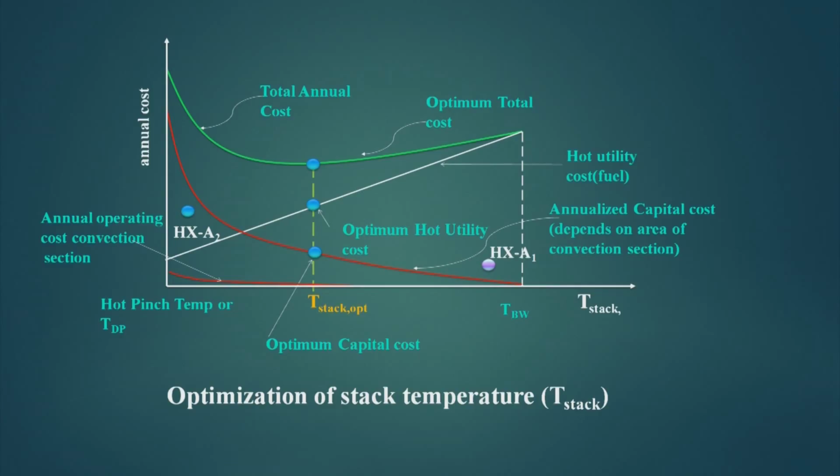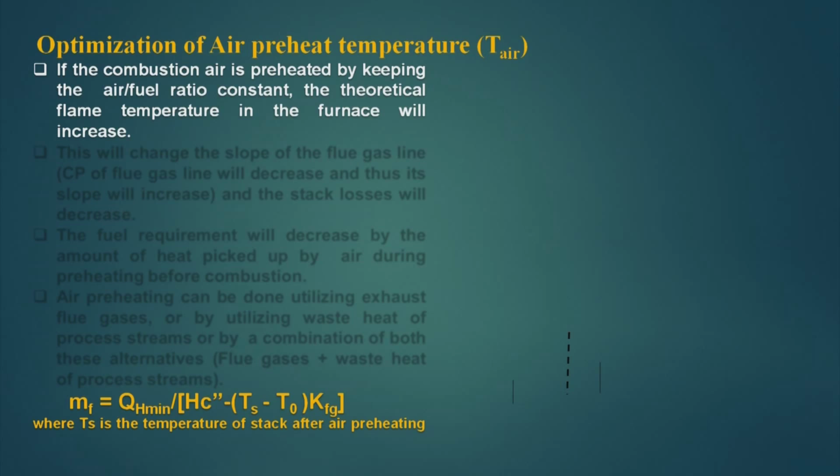So, this is how T stack is optimized, and once T stack has been optimized, then I can optimize my T air temperature, that means the optimum temperature up to which the air should be preheated. Now, the next is optimization of air preheat temperature, which is T air.